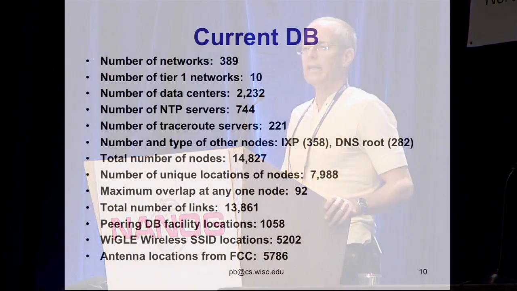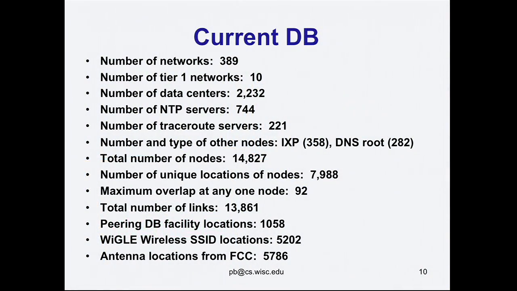So the current archive as it stands is that we have nearly 400 networks included. We have included over 2,000 data center locations, NTP servers, DNS servers, IXPs. We have getting close to 15,000 nodes from different networks.